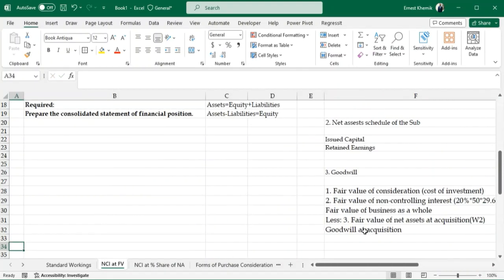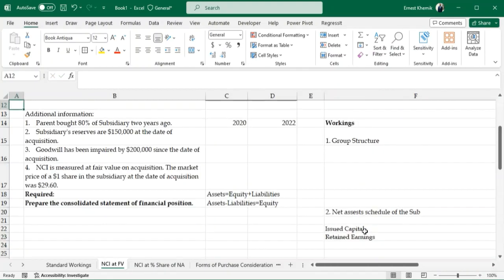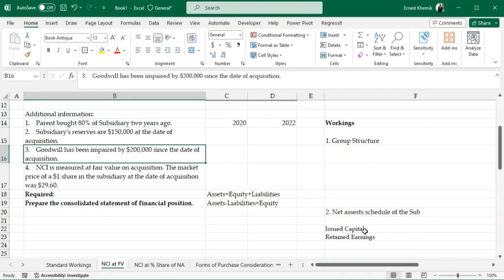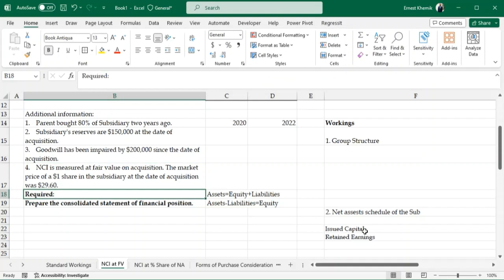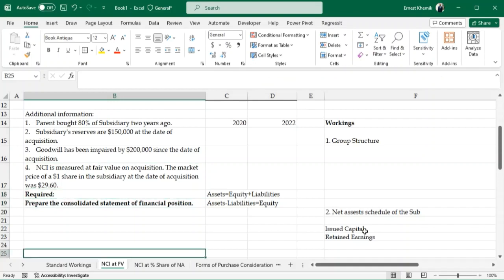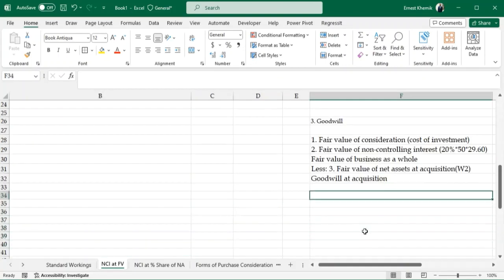However, let's go to the additional information again. We have been told in additional information 3 that goodwill has been impaired by 200,000 since the date of acquisition. As I said, goodwill is not amortized. It is an intangible asset, but it is not amortized. Rather, it is tested for impairment loss, and any impairment loss is used to reduce the value of the goodwill at acquisition.